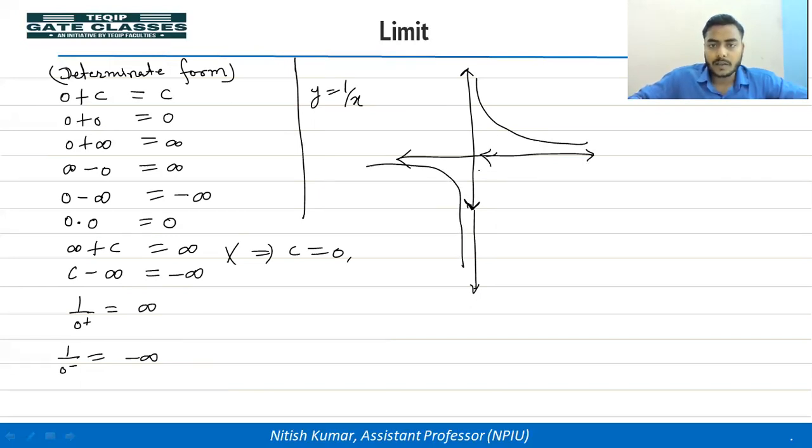When you are approaching 0 plus here, the result is positive. When you are approaching from the left side, 0 minus, the result is negative. It's the graph of 1 by x. Here it is showing 1 by 0 plus and 1 by 0 minus.